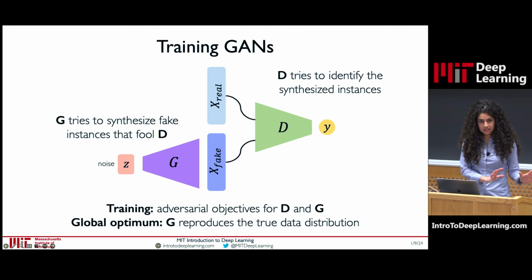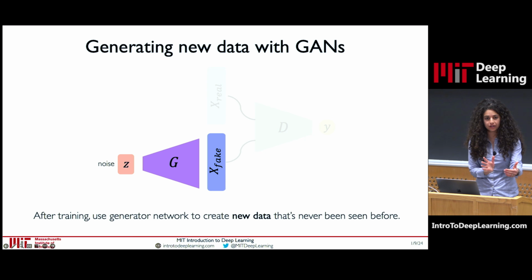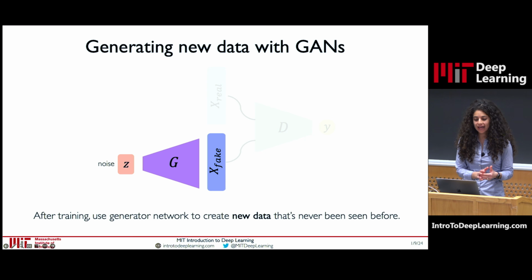So at the end, let's say we've trained our GAN model. Now what do we do with it? To actually use the GAN to generate new instances, all we have to do is go back to the generator component of the model, start with points in that noise distribution, pass them through the generator, and sample to create new data instances.